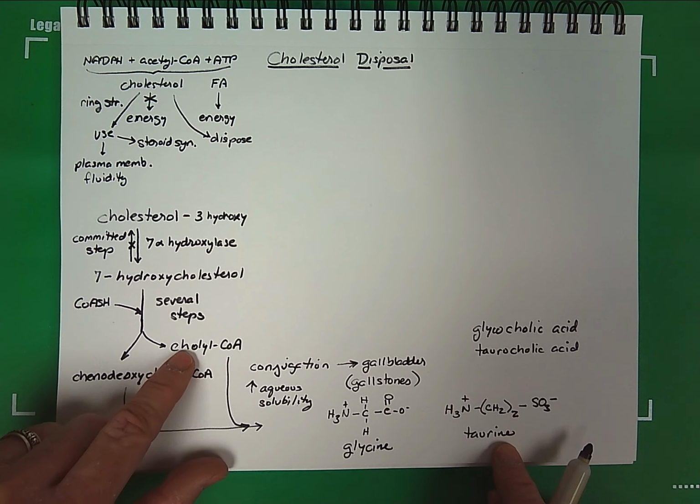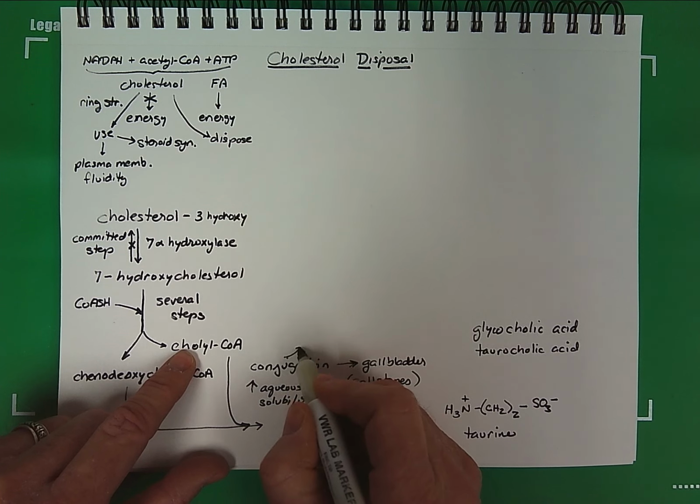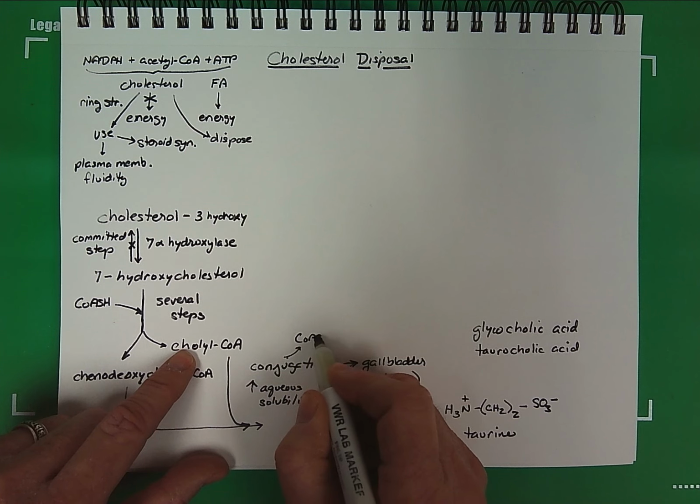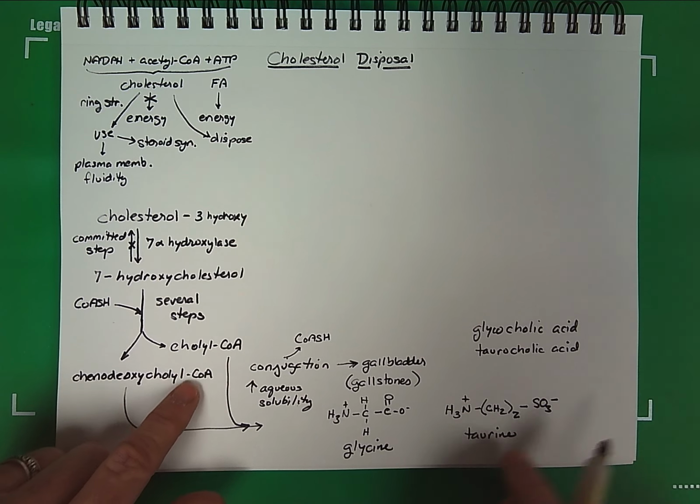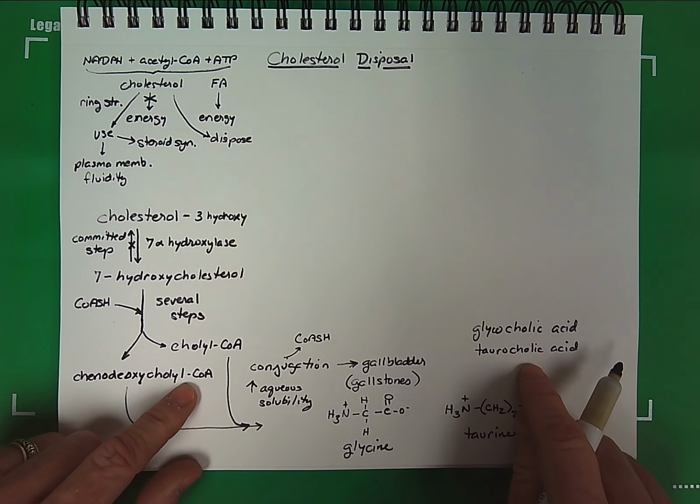And of course, the conjugation reaction will release our coenzyme A. The hydrolysis of that thiol ester is the energy that drives these conjugation reactions.